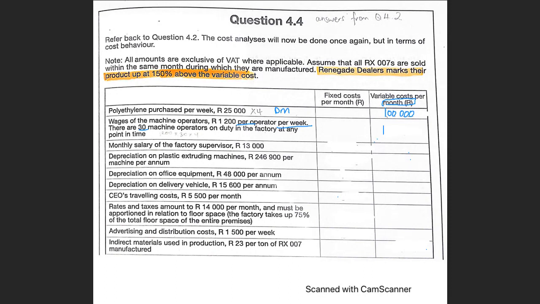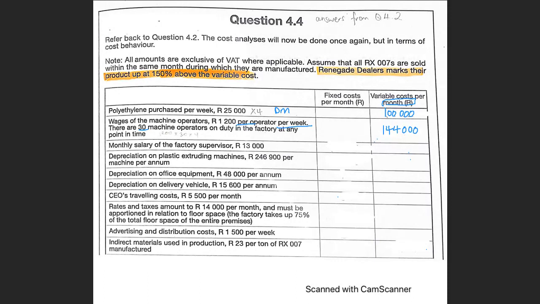So that gave you a total cost of 144,000, and it's also variable in nature because again, the more we produce, the more labor hours we will require, or the more labor force we will require. So it will increase the cost of your direct labor. So just keep asking yourself the question for each item here of whether they will change with your level of activity or whether the cost will remain the same regardless.